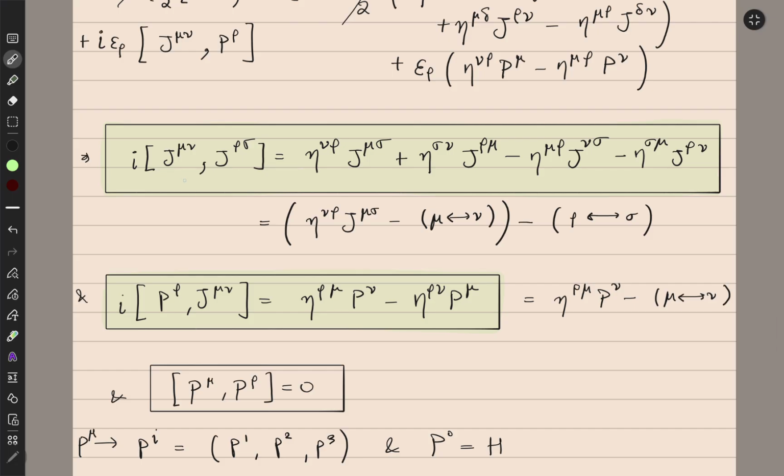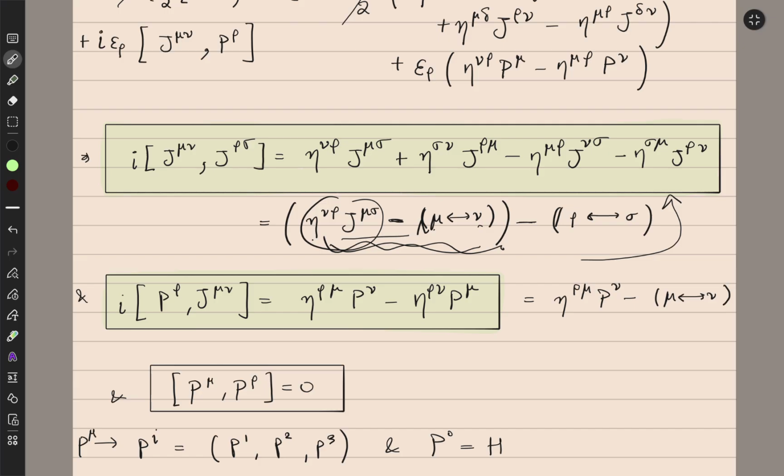The way I remember it is that you just remember the first term, where there is just one J, and you remember the structure of mu nu rho sigma here, and then subtract. First you subtract the same thing but with mu and nu replaced, and then you subtract this whole bracket but with rho and sigma replaced, so you get back these four terms. It is the famous Lorentz transformation commutators.